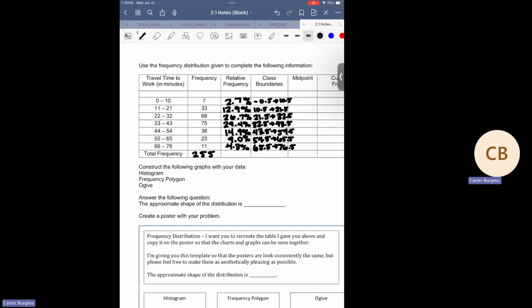So just like a half tick below the lowest class limit and a half tick above the upper class limit.